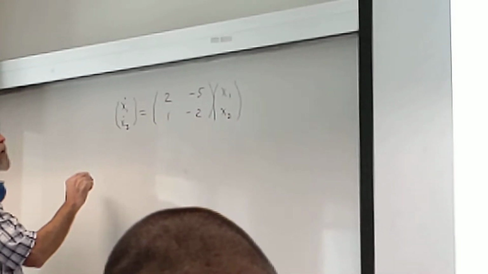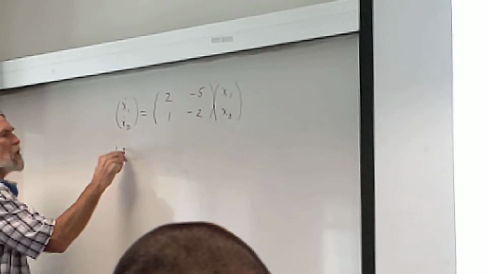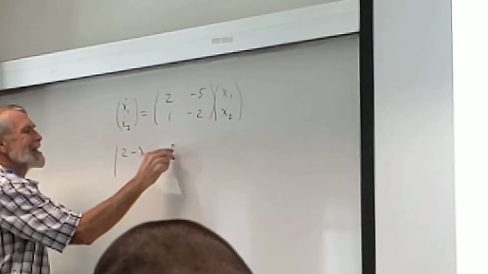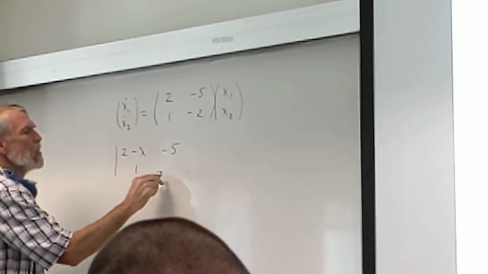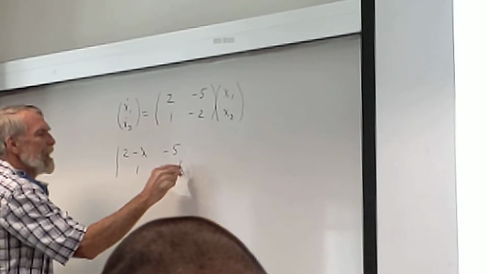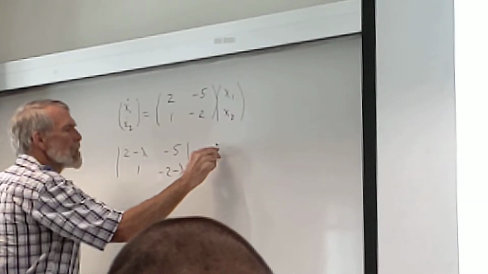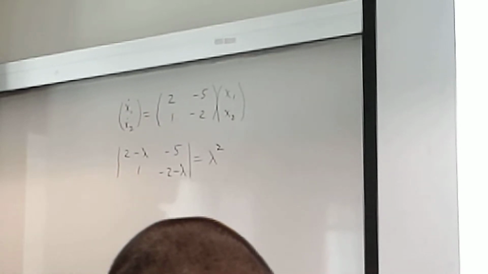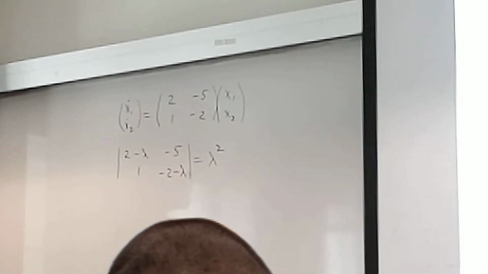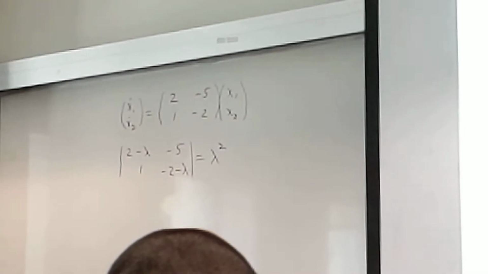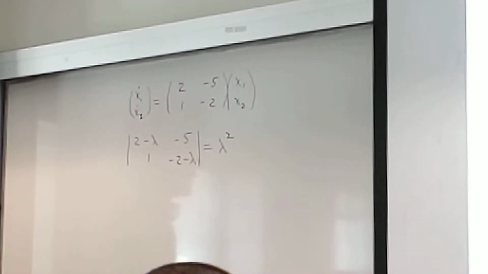All right, so what we want to do is get our characteristic equation: 2 minus lambda, minus 5, 1, minus 2 minus lambda. That gives us lambda squared. What about the lambda term? 0, right? And so then what's left over?